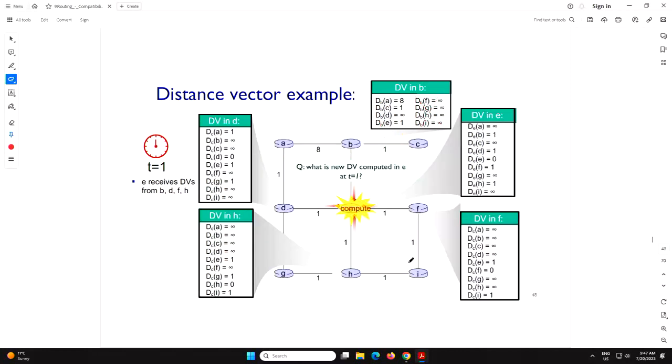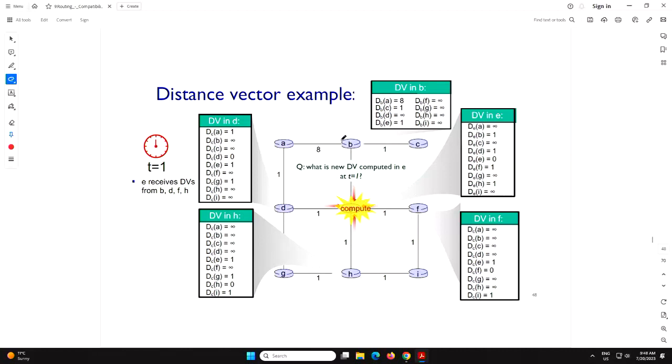And at T1, if you want to compute the routing table for E, then you can combine what you receive from B, D, F, H, because these are the neighbors.